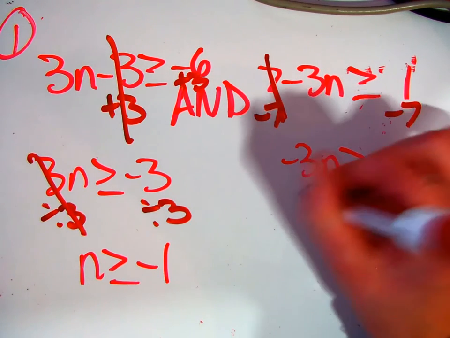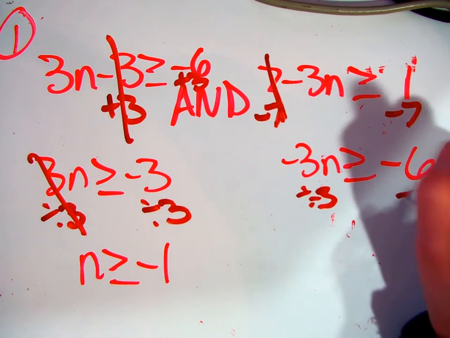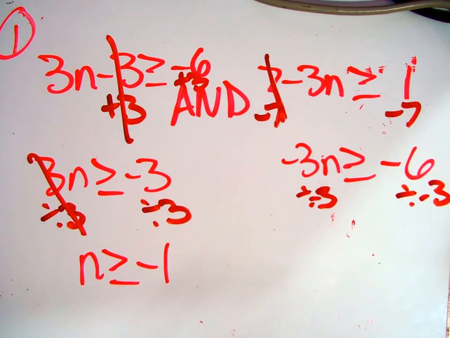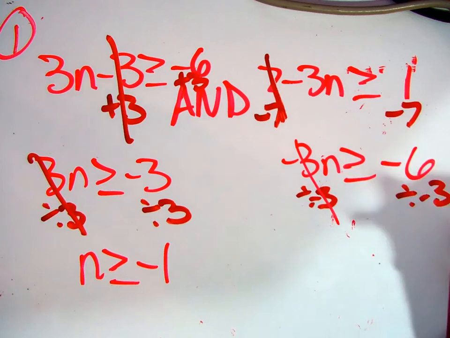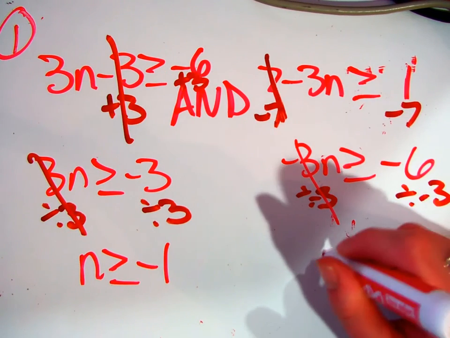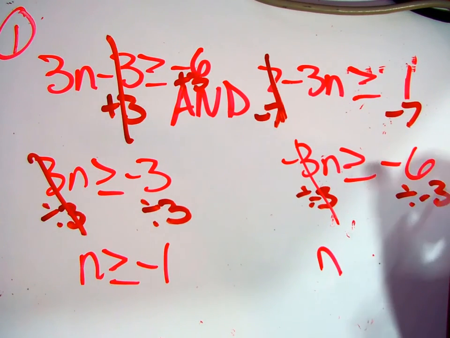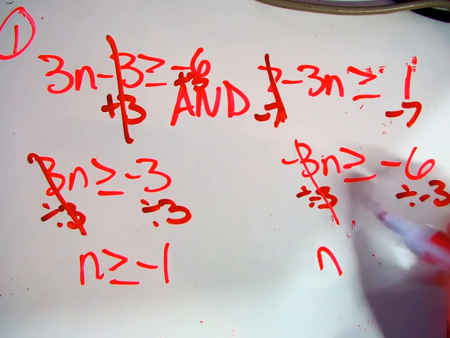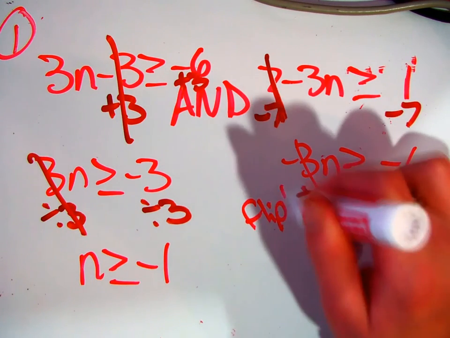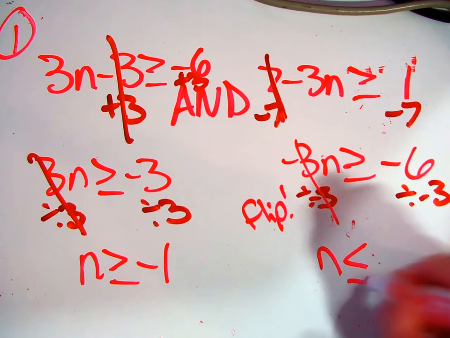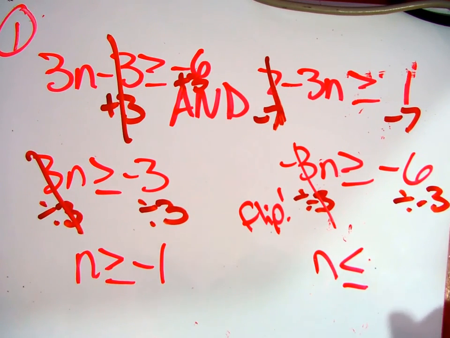To get rid of the negative 3 touching the n, we will divide on both sides by negative 3. The negative 3's cross out, so I am left with n. And we're going to have to end up doing a flip because we divided by a negative number. So that changes direction, and negative 6 divided by negative 3 is positive 2.